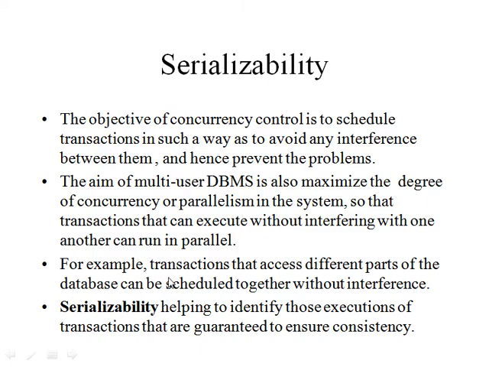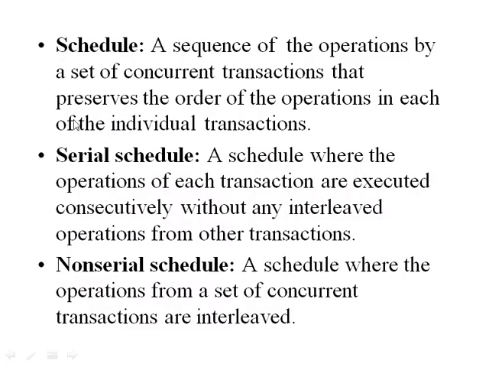Let us see the definition of a schedule. What is this schedule? It is a sequence of operations by a set of concurrent transactions that preserves the order of the operations in each of the individual transactions. Schedule means it tells the order of the operations.